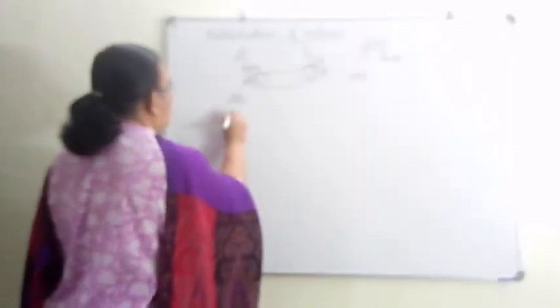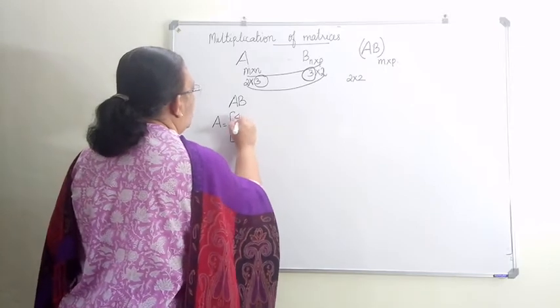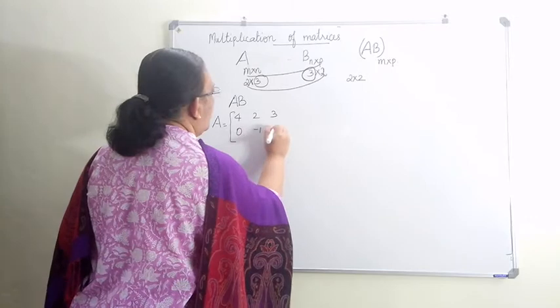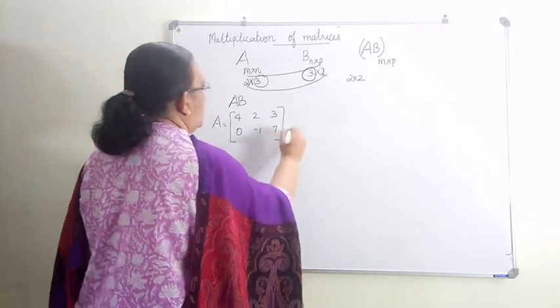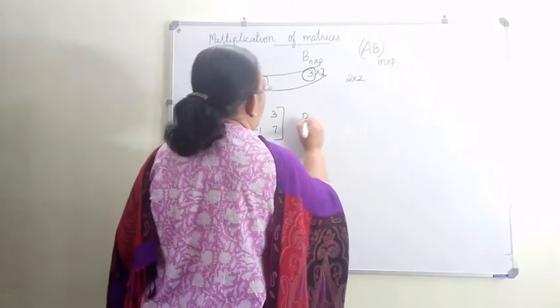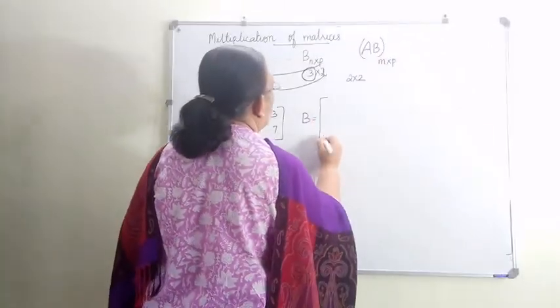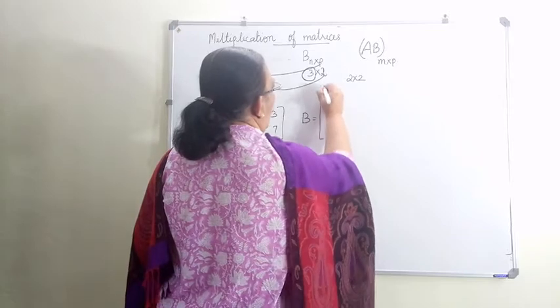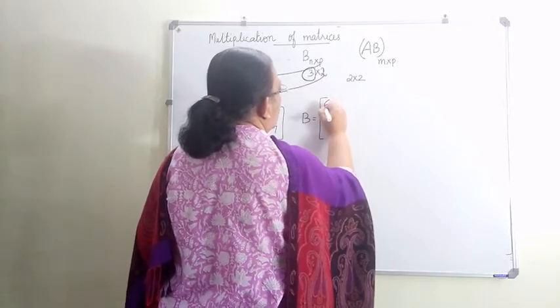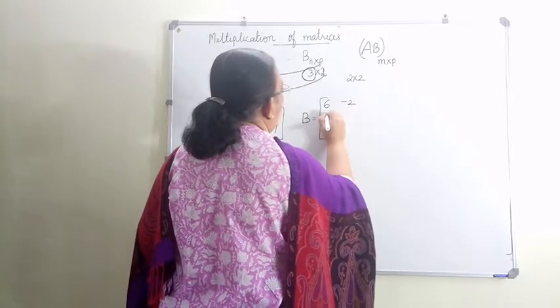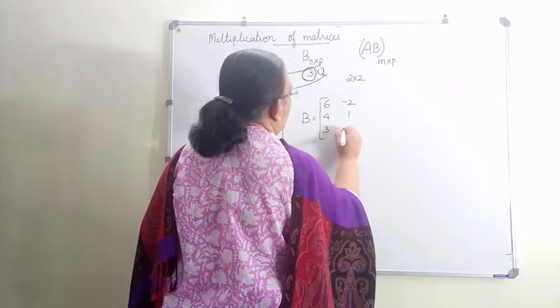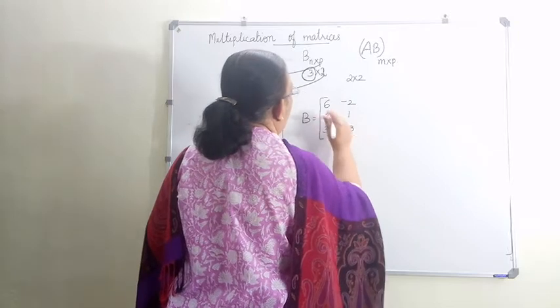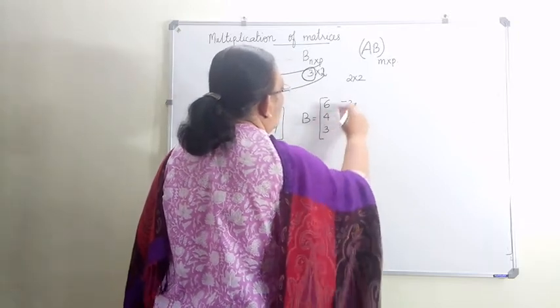Okay. 2 by 3 matrix, A is equal to 4, 2, 3, 0, minus 1, 7: 2 rows, 3 columns. B matrix has 3 rows and 2 columns: 6, minus 2, 4, 1, 3, minus 3.